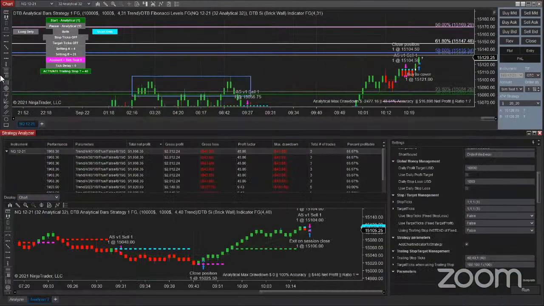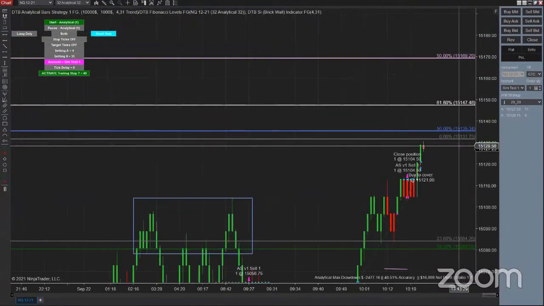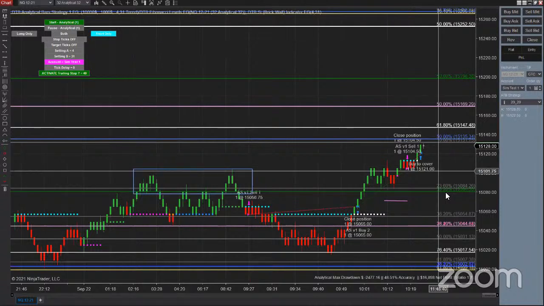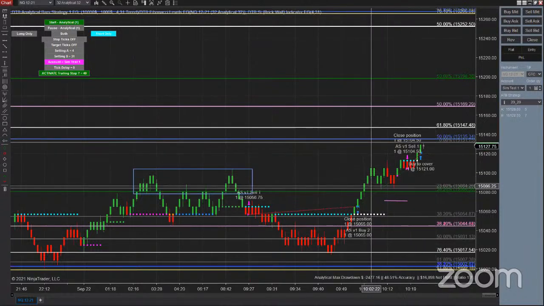So let's switch to our chart. The strategy itself has actually closed because it's shown a signal. And looking at that, the price did indeed just race up to the next Fibonacci level.